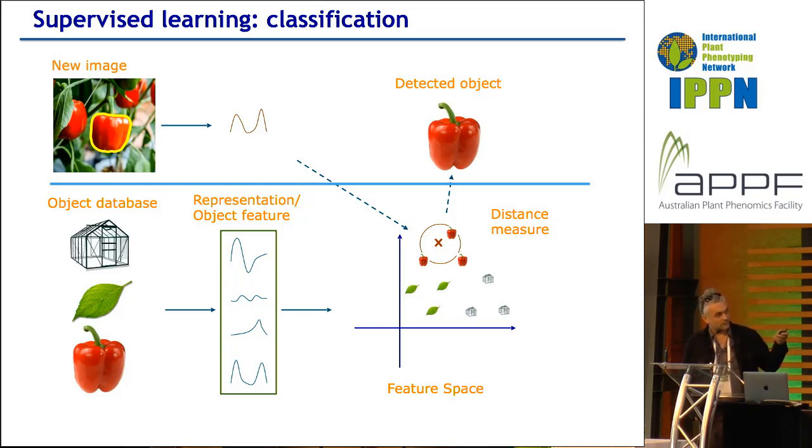Then you enter a new image in your database. You extract the same features on the same kind of object, and you locate them in this map and associate them to the closest points which had been labeled, and then detect the object or associate it to the right class.